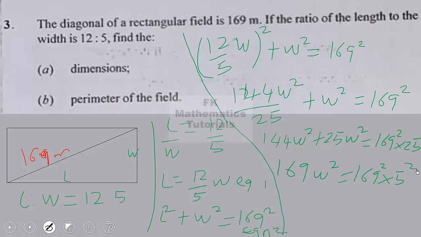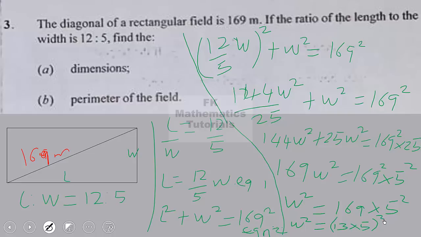Now I can take the square root of both sides, or I can divide through by 169 to get W squared is equal to 169 times 5 squared. So W squared is equal to 13 times 5 all squared, because the square root of 169 is 13. So W will be equal to 13 times 5, which is 65.